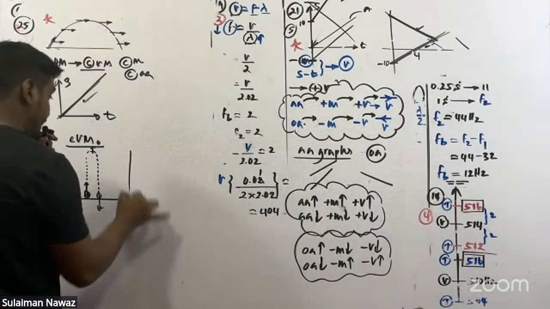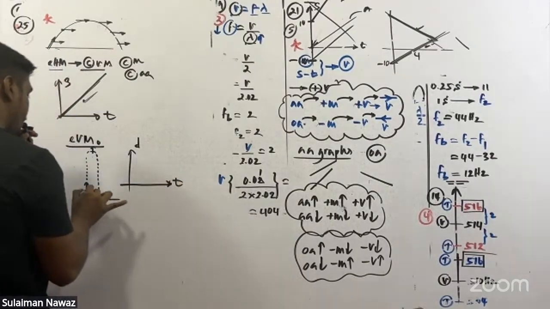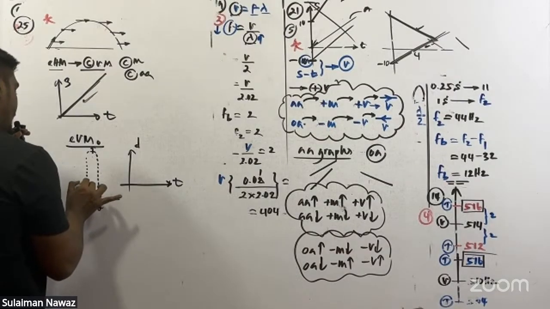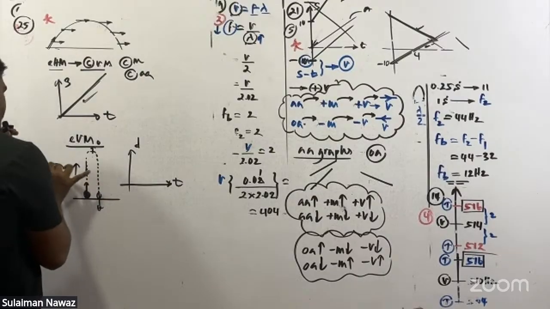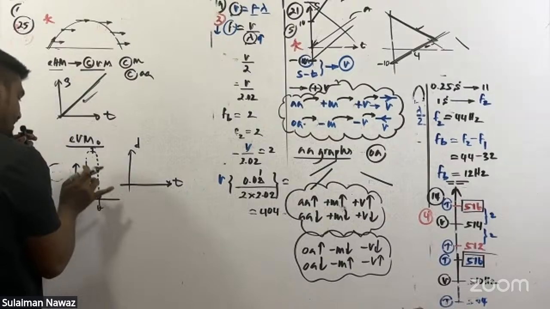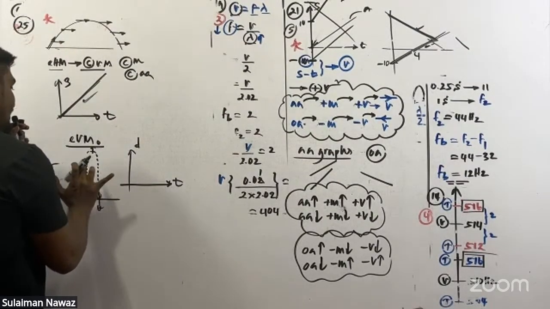If you draw the distance-time graph, not displacement, what happens when the object starts from the ground and goes upward? Speed is decreasing. Speed is a scalar. In the upward direction, speed is decreasing.